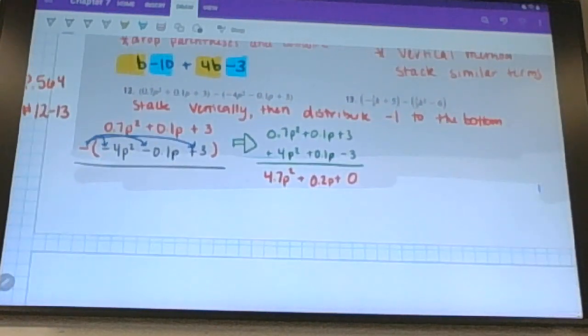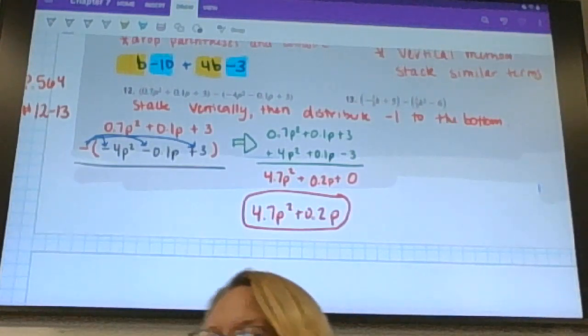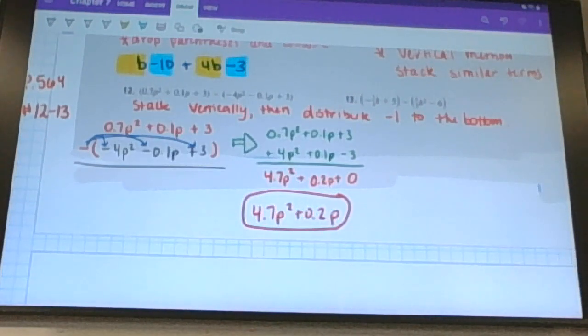And that is our answer. I really wouldn't put the plus 0 in there. Box this decimal answer here. That's it. Try the next one.